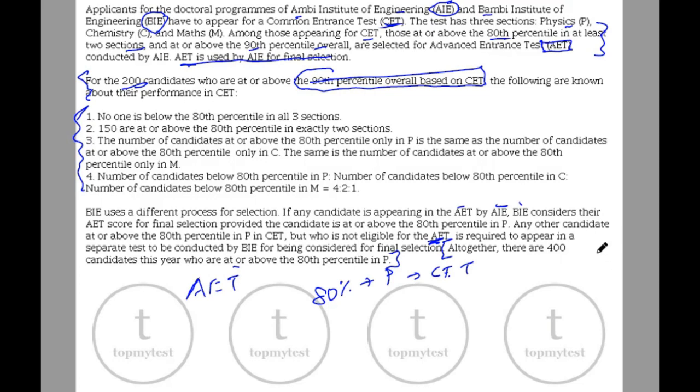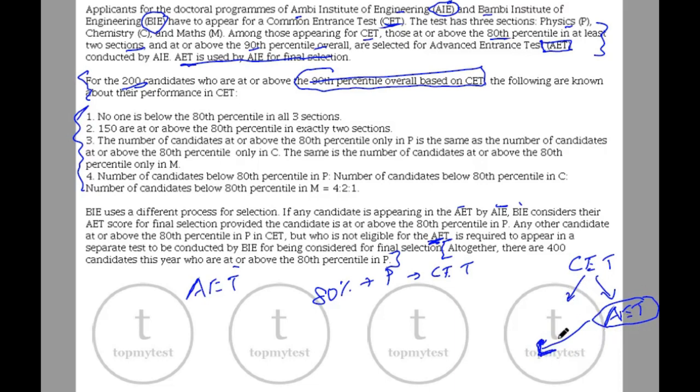So the process is something like this. So you have a CET. Based on the scores here, you might be eligible for AET. Anyone who is eligible for AET can be considered for BIE.